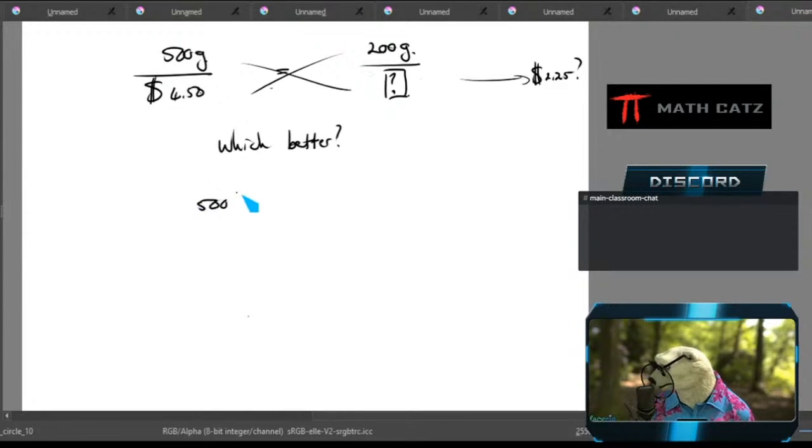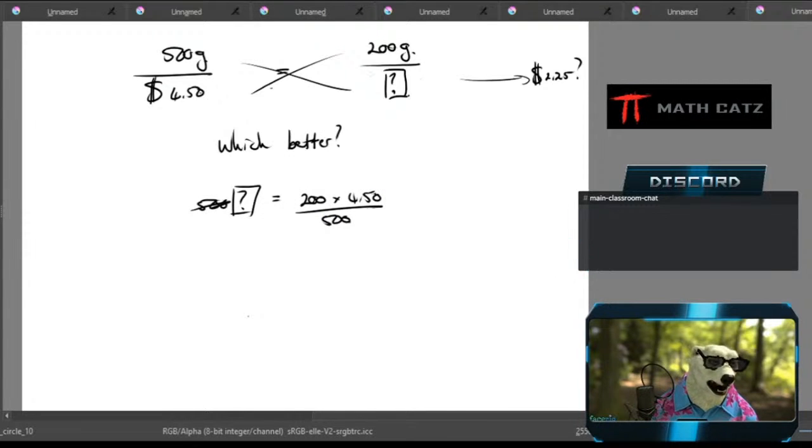So this then says 500 times question mark will be 200 times 4.50. And then of course this guy is divided, and there's my calculation. Sure, take out your phone, do the calculation, absolutely. I'm not saying do everything in your head, but there is a human element first that I need to know how to combine these numbers. 200 times 4.50 divided by 500.